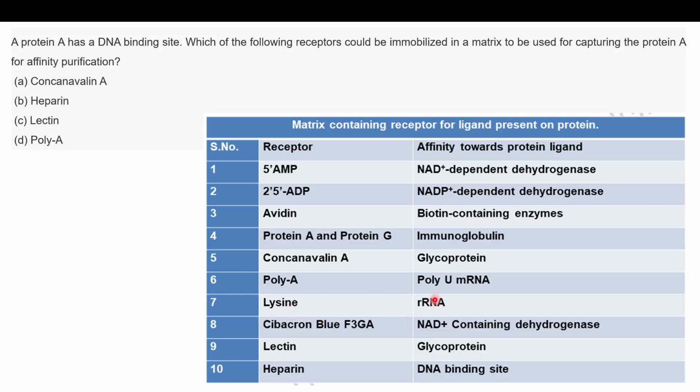Lysine has specificity towards rRNA. Heparin has specificity towards DNA binding sites. So the answer will be option B. Protein A has a DNA binding site, so the receptor that can be used is heparin.